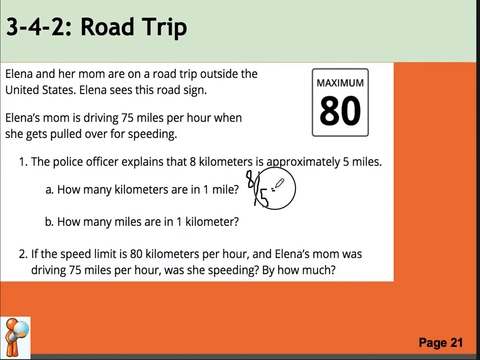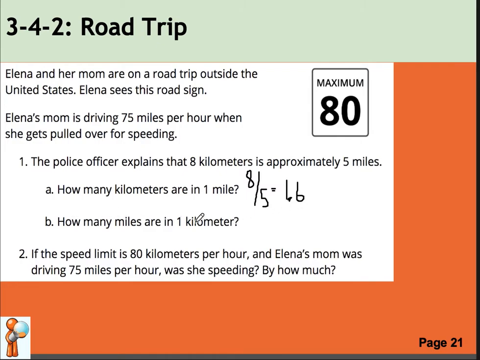If you did divide it out, that is approximately 1.6 kilometers. So there are 1.6 kilometers in 1 mile. So is a mile smaller or larger? What do you think? A mile is larger than a kilometer. A little over 1.5 kilometers equals 1 mile.